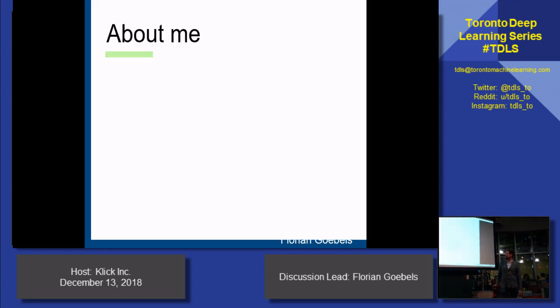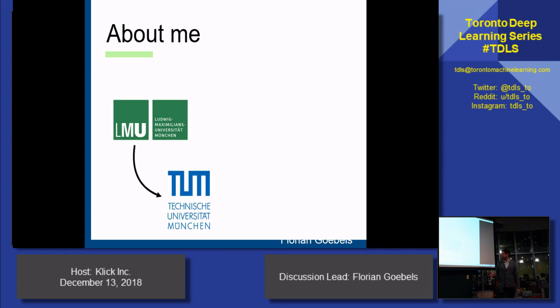A little bit about myself. I did my undergrad in Munich at the Ludwig Maximilian University of Munich, followed by a PhD at the Technical University of Munich. Both were in bioinformatics, which was heavy on data science, data analytics, machine learning, and a lot of algorithmic and software engineering.